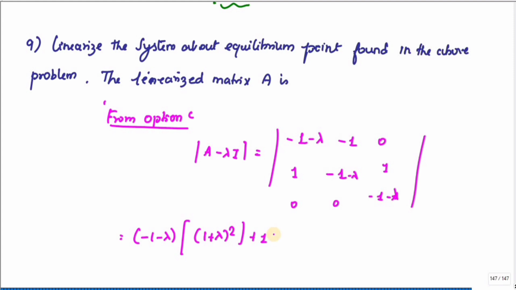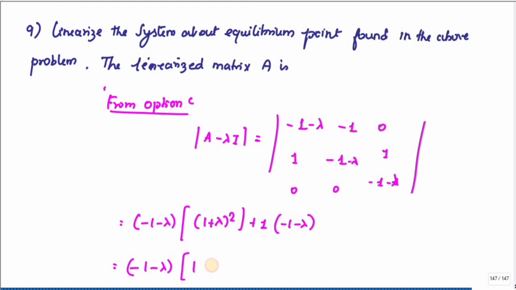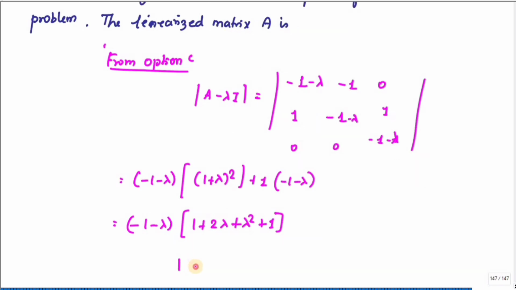This is actually correct, to verify this question, because from the options I have taken the value of A. From option C I have taken the value of A and I have substituted A minus lambda I. And I am going to take the determinant of this function.